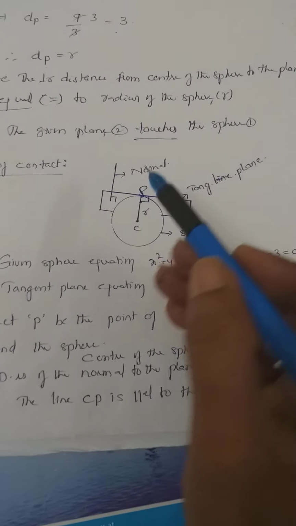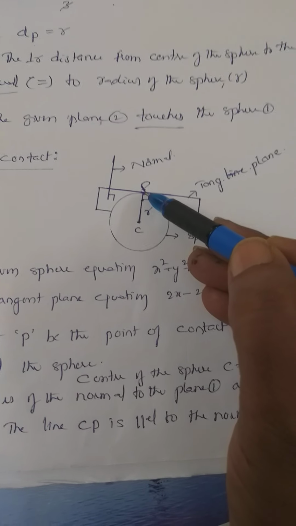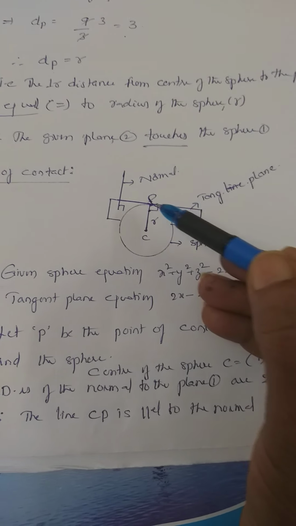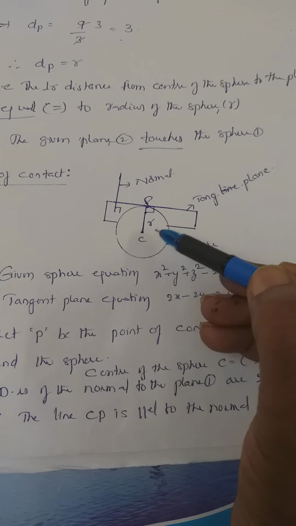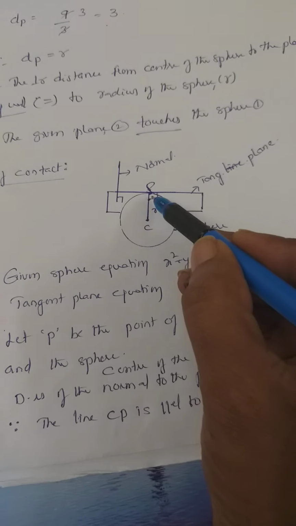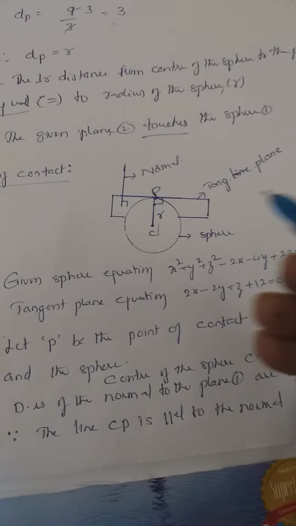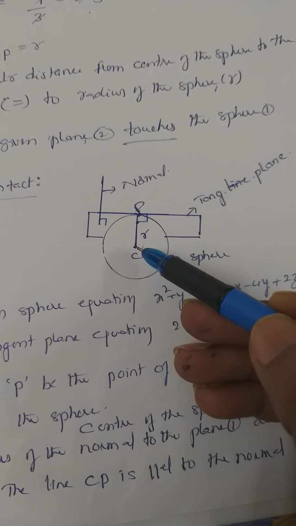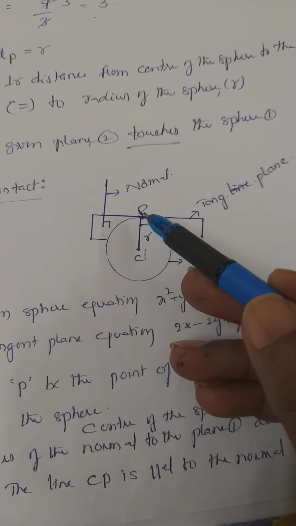From the diagram, let p be the point of contact of the plane and the sphere. This is the point of contact of the plane and the sphere. Now cp is what? Cp is equal to the radius, right? Now this is the center of the sphere and this distance is called the radius.